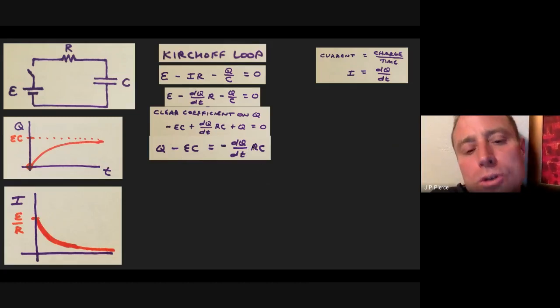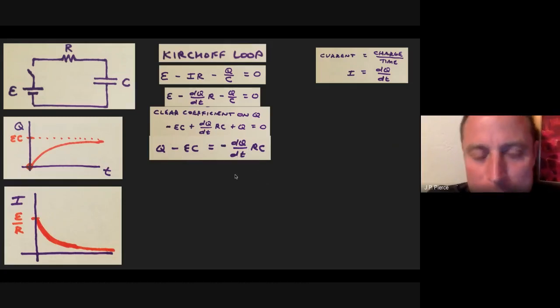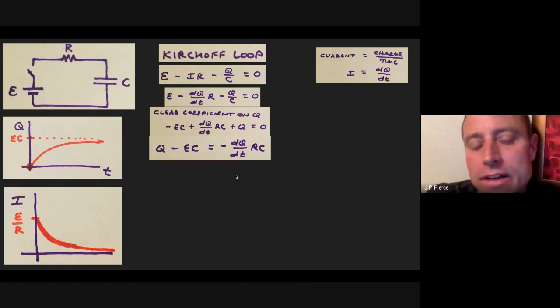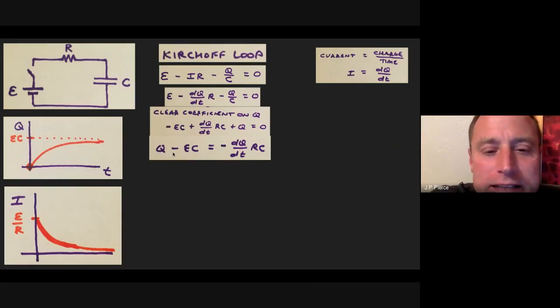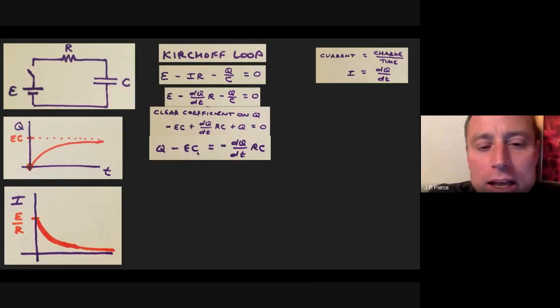What we need to do to solve this again is to separate the variables, get the Q's on one side and dt on the other. It's possible to go off on a bit of an algebra adventure with this. So this is something you're going to want to run through a couple times to save yourself some trouble. But the key thing to remember when you get to this point is to take this entire left-hand side and put it under the dq, and then everything else put back on the left.